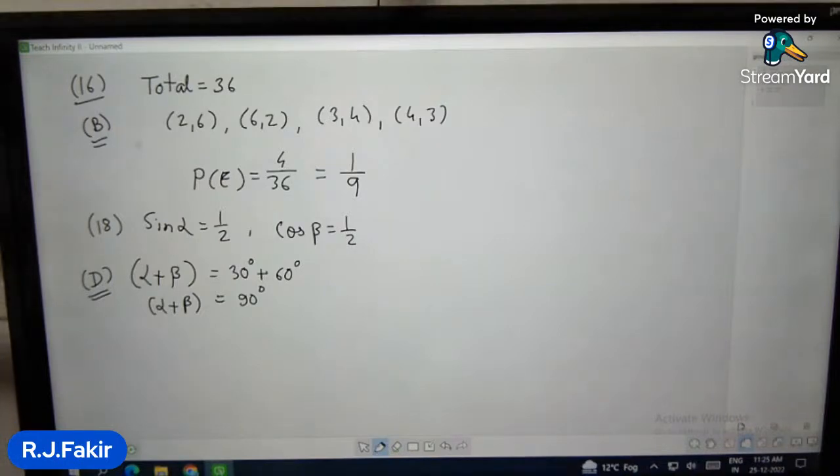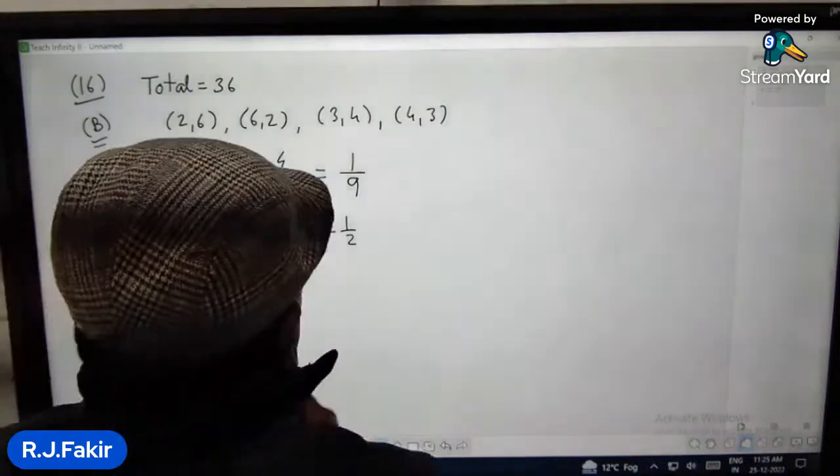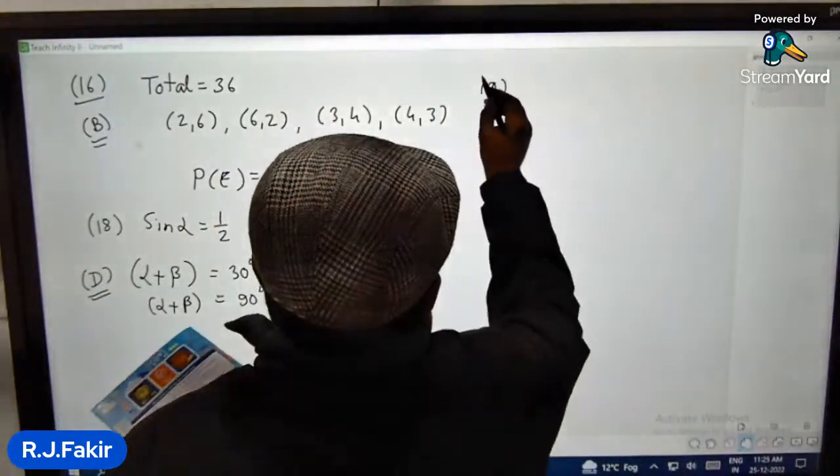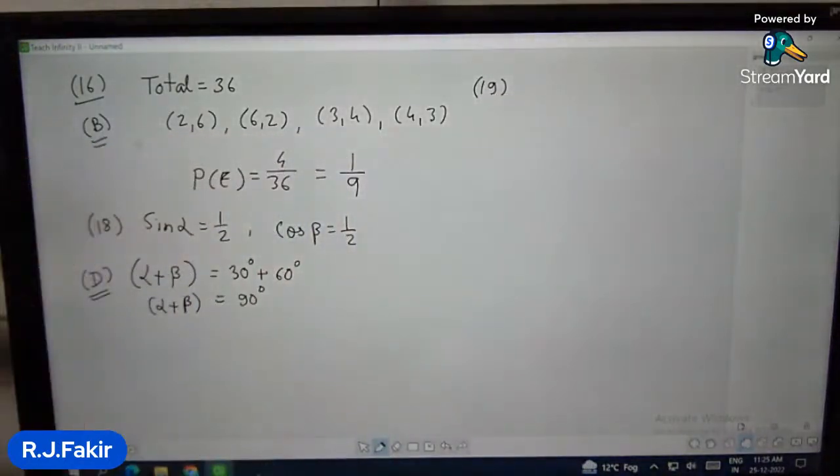Like in question number 19, a statement is given to you which says that if the product of two numbers is 2890 and their HCF is 17, then their LCM is 450. Reason is LCM is always greater than HCF.